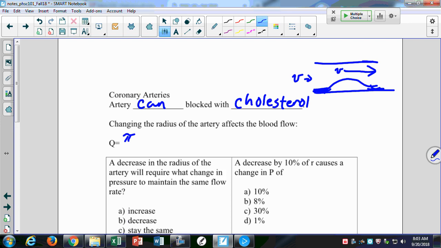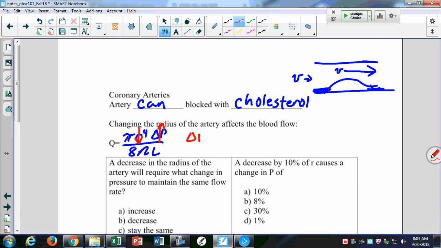It's pi r to the fourth, the Poiseuille equation, times delta P divided by 8 eta L. So if the radius goes down, that means that the pressure goes up.